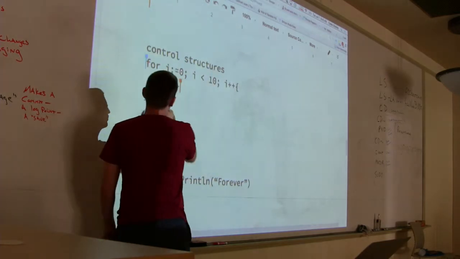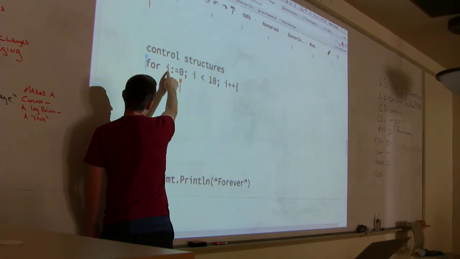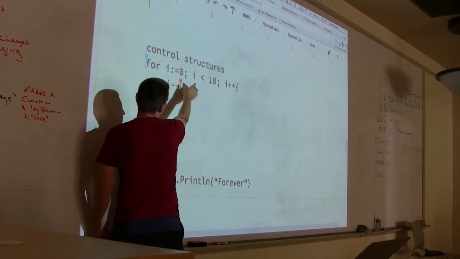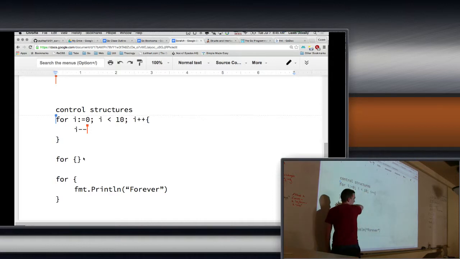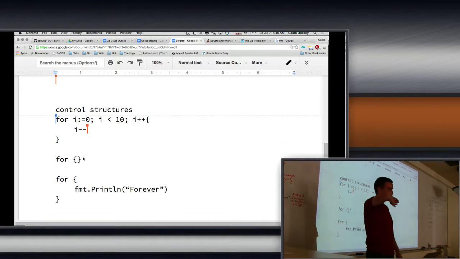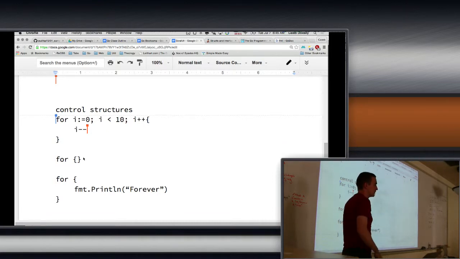Yeah, so what happens is, it'll start at 0, it says yes, i is less than 10, and so then it executes this code, and then it does i plus plus. And so now i is 1, it checks is i less than 10. It'll keep doing that. By the time it gets to 9, it runs the code, and then it adds 1, and then it gets here. 10 is not less than 10, so it finishes. Okay? So it has nothing to do with the indexing that it starts from in C.